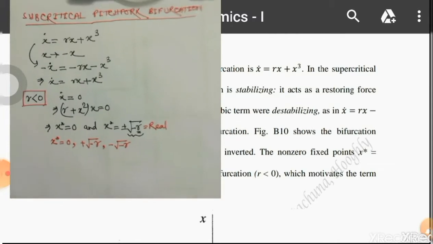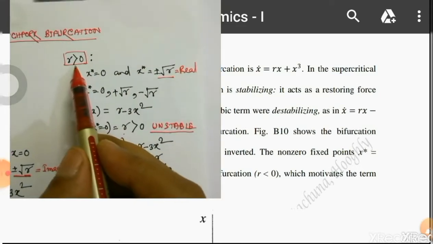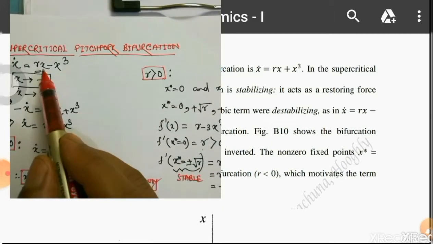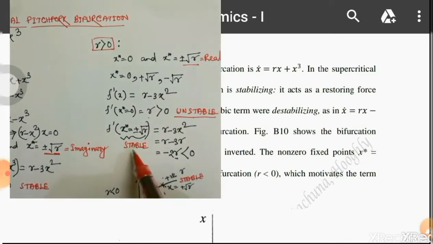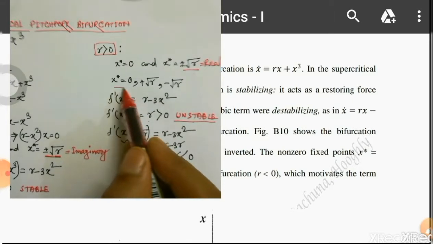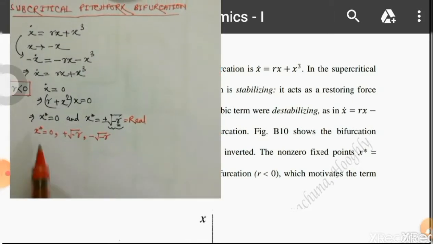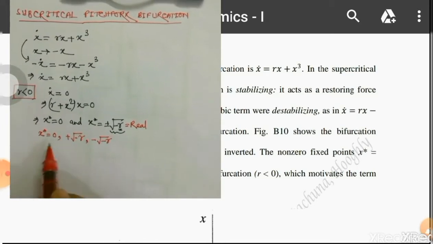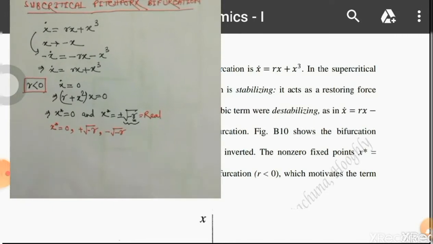That is the condition of r greater than 0 in supercritical bifurcation, where we have three fixed points, whereas for subcritical bifurcation, the condition r less than 0 gives three fixed points. Next, we will check the stability of these fixed points.